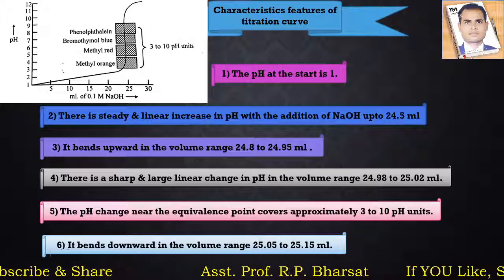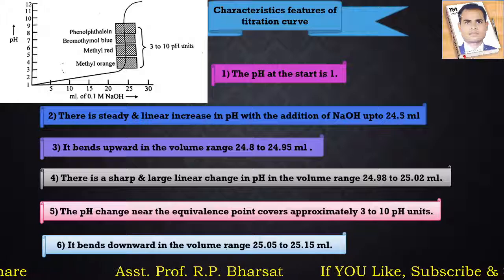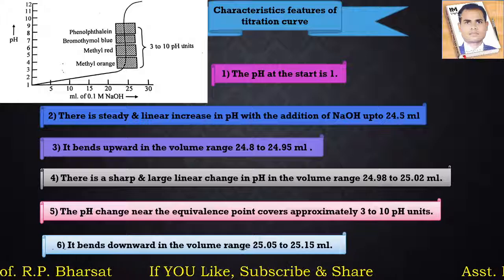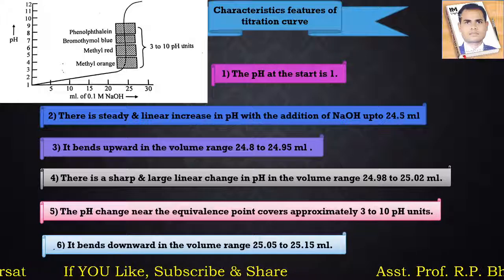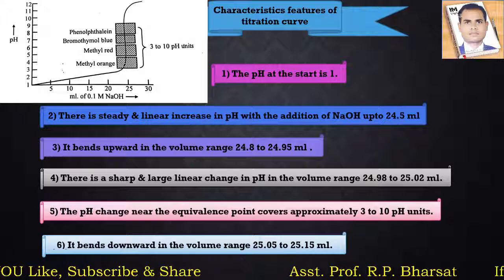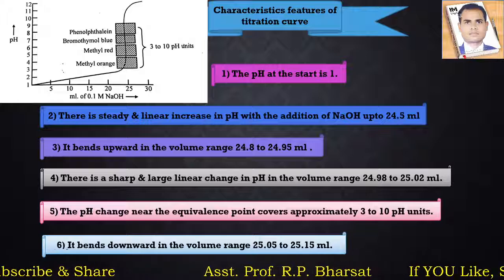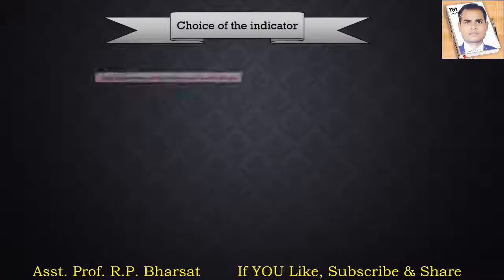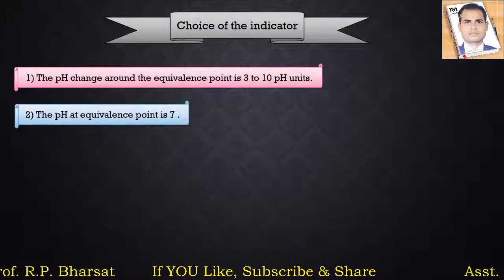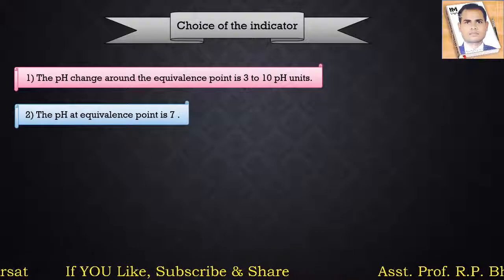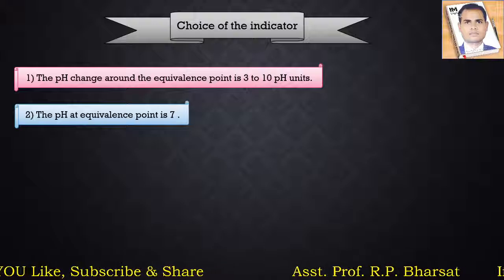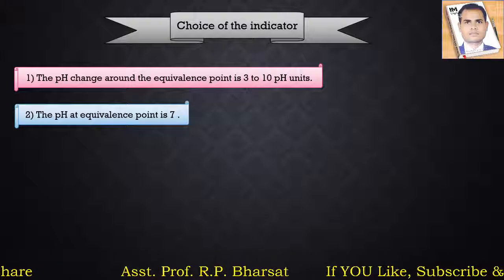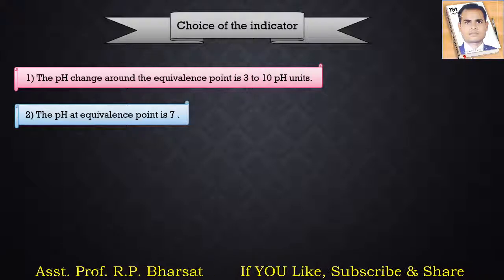Now in this titration we have to determine which indicator is the best, and we have to know the transition ranges of all indicators. From the transition range we identify which one is the best. The pH change around the equivalence point is 3 to 10 pH units, and the pH at the equivalence point is 7.